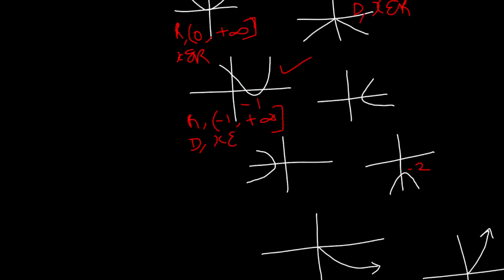In case of the range, it only ends here. Below here there is no graph. That is why we say it ranges from -1 upwards. If you follow that, then you'll be good to go.